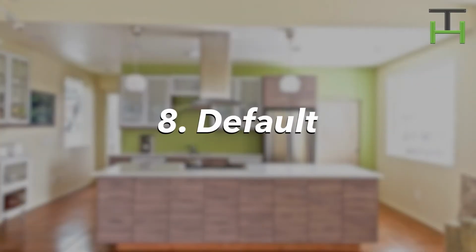Okay, and number 8 is the default. The default by a contractor or by the owner is when the specifications of the contract are violated in the course of building. So if you have a situation where a contractor made an error, and then you let them know of that error, and then they say, okay, we'll fix that error, everybody agrees on the fix, then there's been no violation, there's been no default.